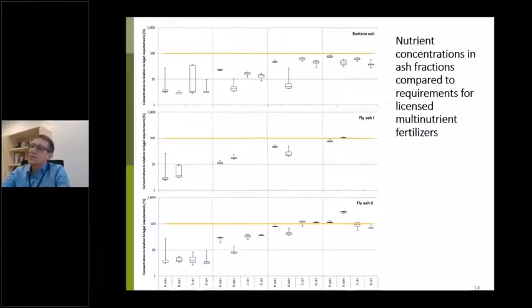So if we then look at fly ash 1 and fly ash 2, we see, similar to the trace elements, the closer we get to the chimney, the higher the concentrations of the nutrients.